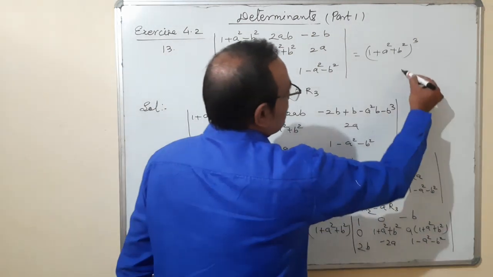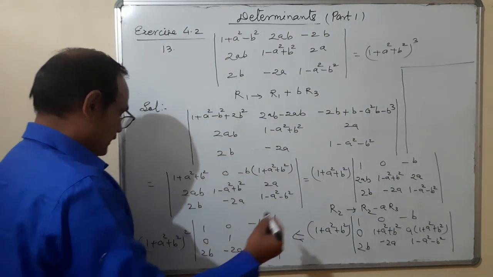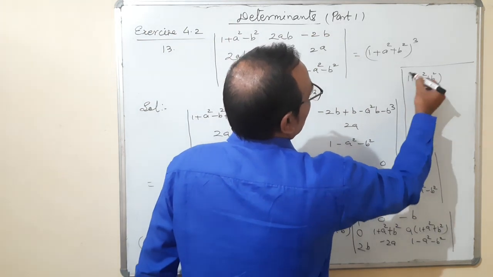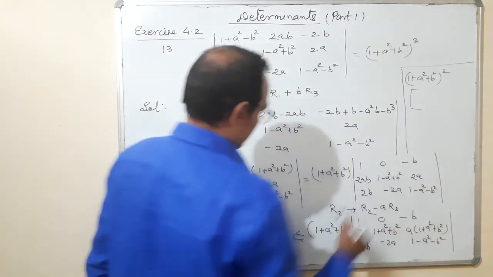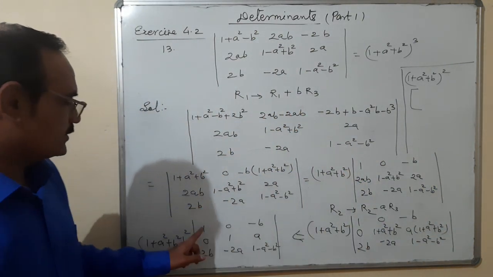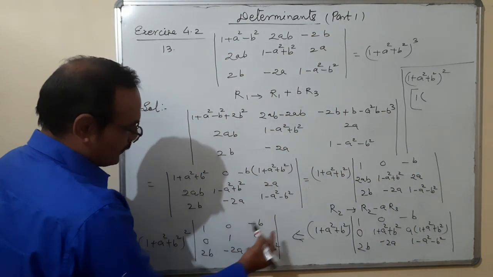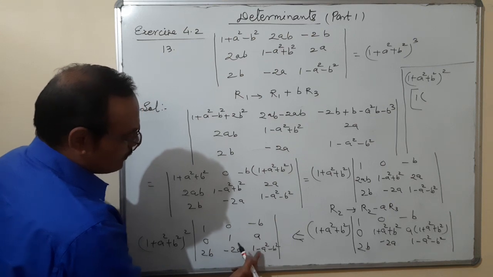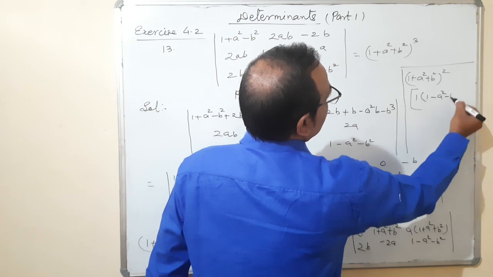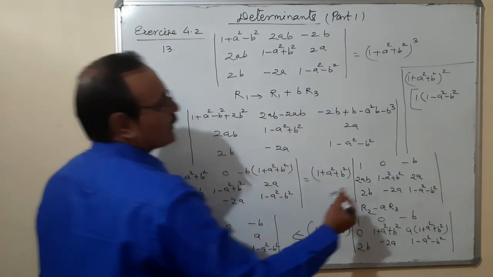After that, we can expand it. 1 plus a square plus b square whole square, and I am solving this by direct expansion from R1, the first row. Taking 1, leaving this column and row, 1 multiplied by 1 minus a square minus b square plus 2a square.